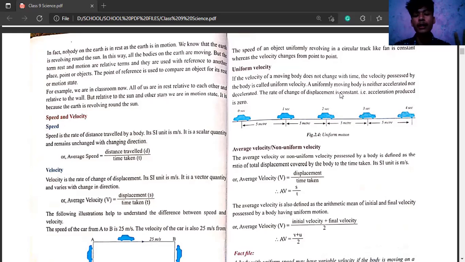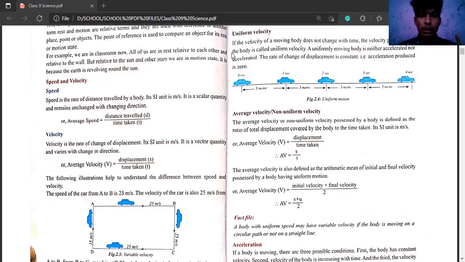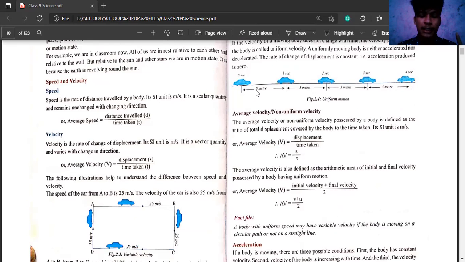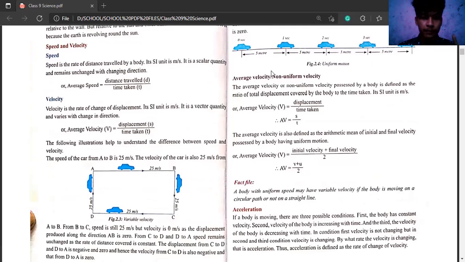We have got 3 reasonings here. First, the definition. Second, the rate of change of displacement is constant. And the third reasoning, the velocity won't change with time. So this is called uniform velocity. The displacement should be the same in the same time. Remember this.